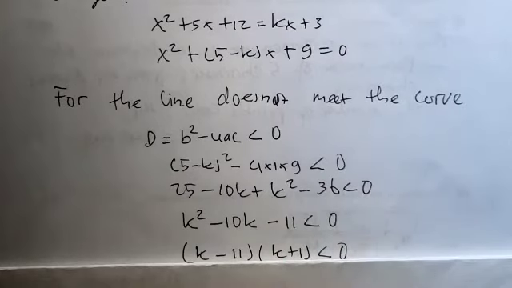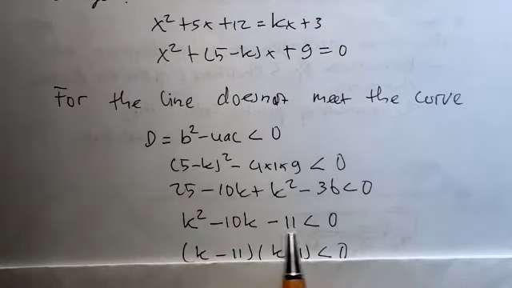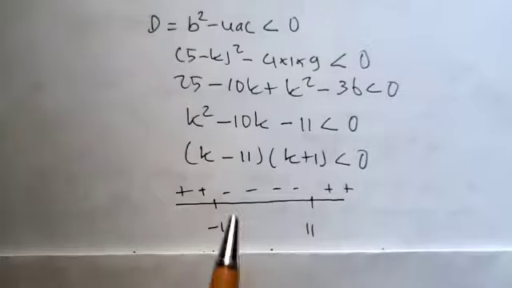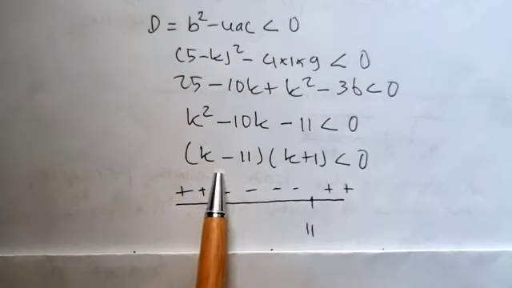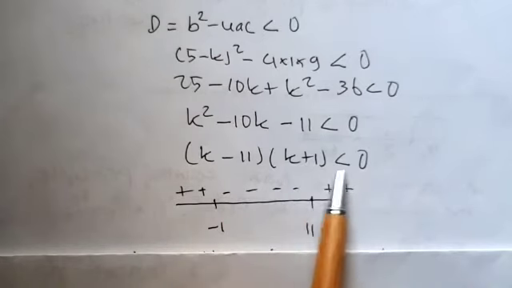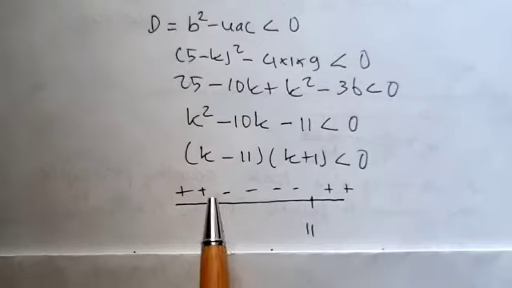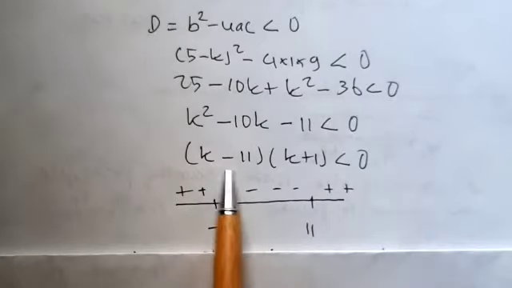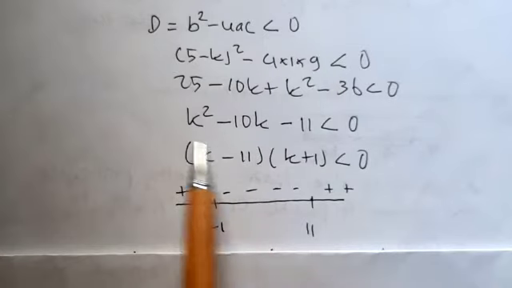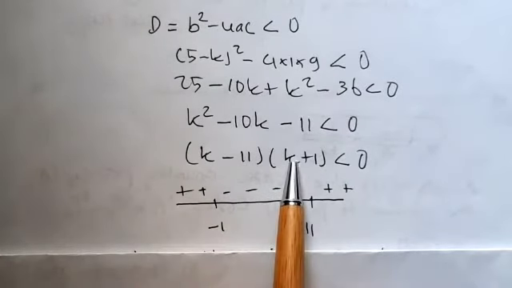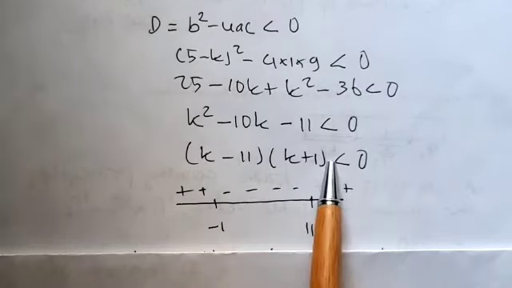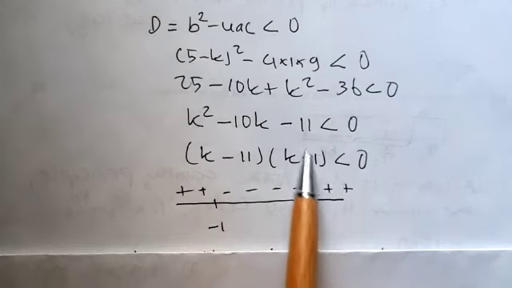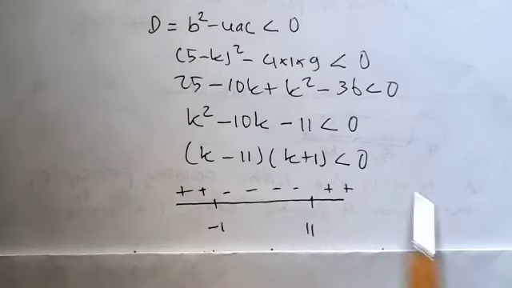We obtain the 3-term quadratic k squared minus 10k minus 11 less than 0, and by factorization, (k minus 11) times (k plus 1) less than 0. You can check your factorization: k times k is k squared, then minus 11k plus k is minus 10k, and minus 11 times 1 is minus 11. Thus this factorization is correct.